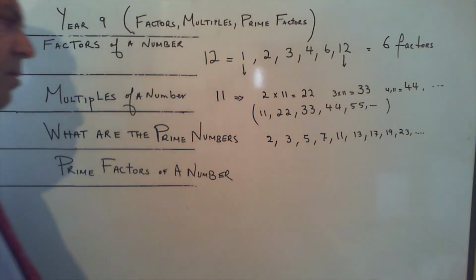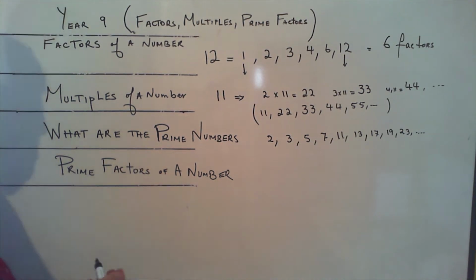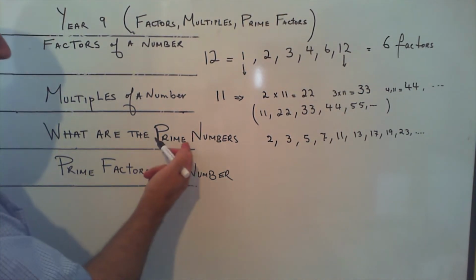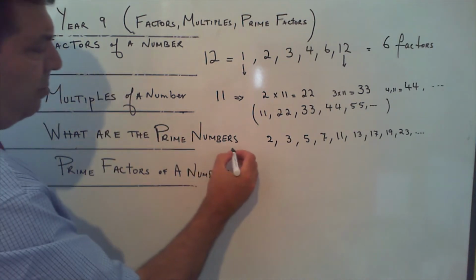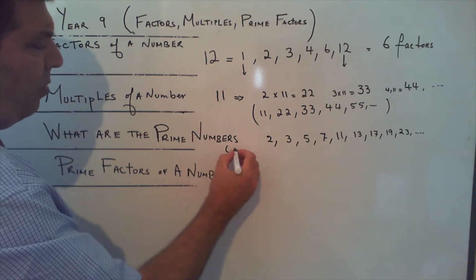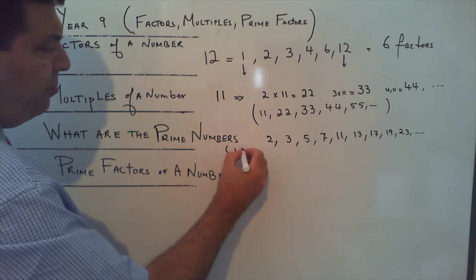Another way of describing a prime number is that it has factors of only 1 and itself. You can only divide them by 1 and themselves.